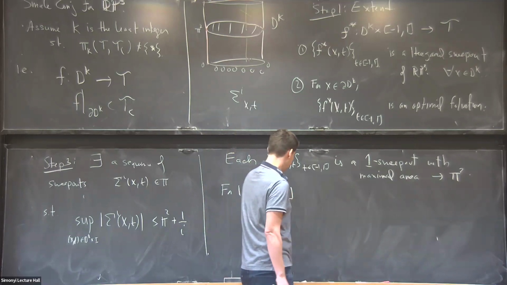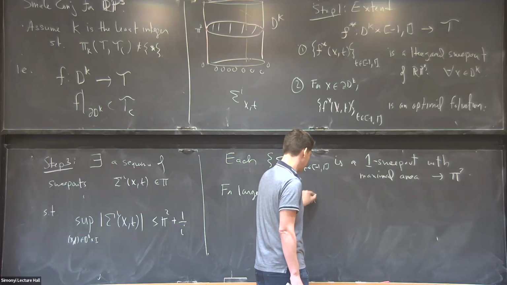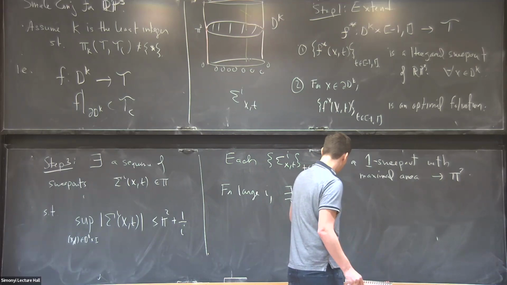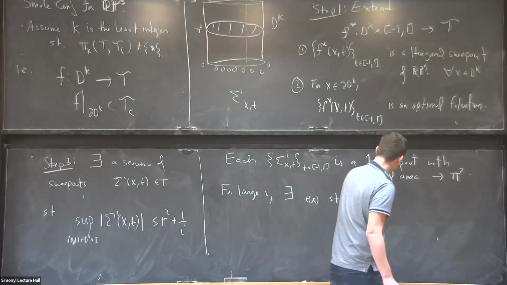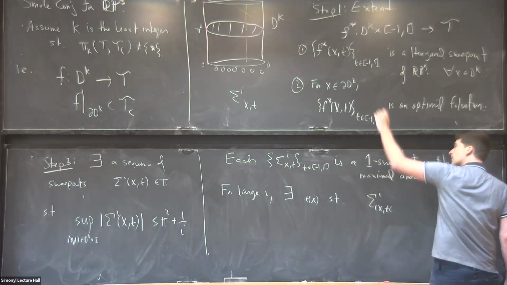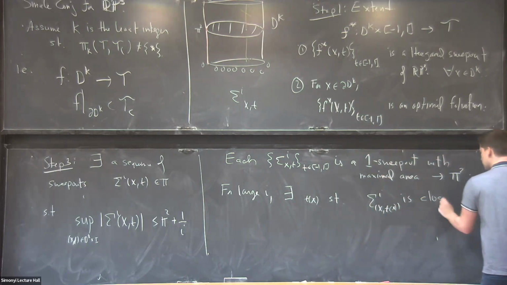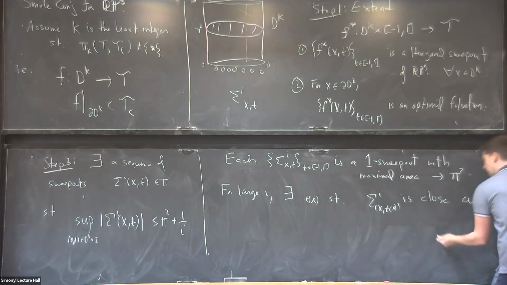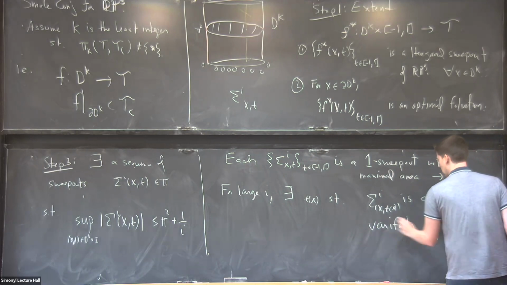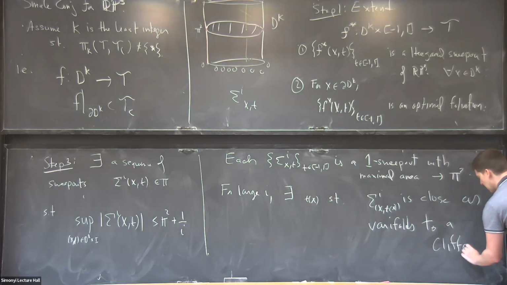for each x, there exists a t, so there exists t sub x, such that sigma I x, evaluated at that particular t, where I drew that line there, is close in a weak sense, close as varifolds, to a Clifford torus.